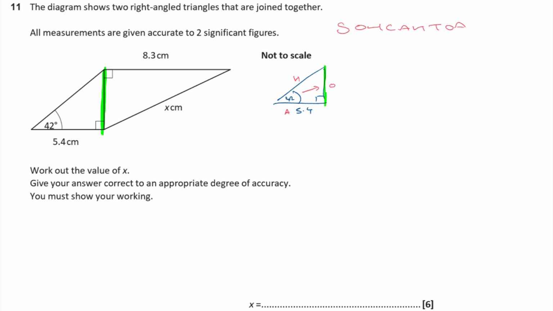I want that opposite side, don't I, because that's the one that's communal between the 2 triangles. I don't know about h, don't really care about h, not bothered about h. So any of the trig formulas that have h in them are not the ones I want. So I rule out the ones that I don't want. That only leaves that one there. It's tan, isn't it?